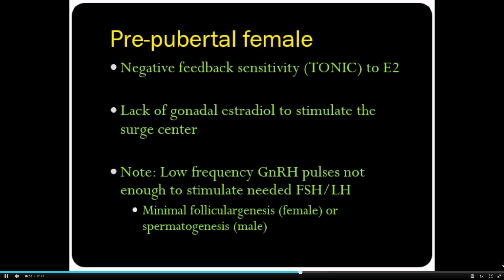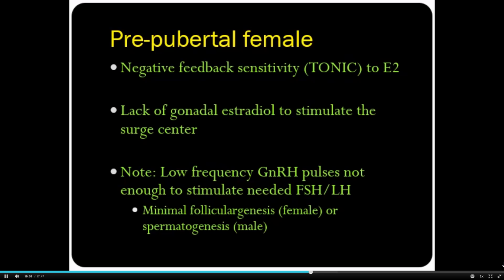So here's the thinking. We know that there's estradiol, but it's not producing its expected effect. So it was deduced that there must be negative feedback sensitivity, and really we're talking about the tonic center here, to estradiol. The hypothalamus is not responding to high levels of E2.